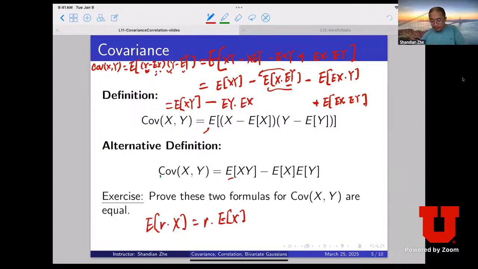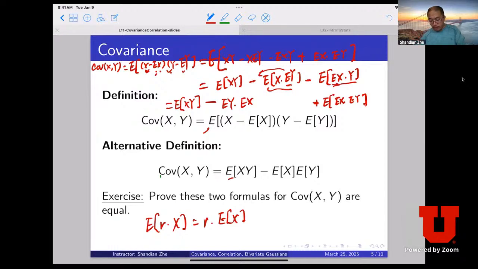Okay, let's look at the third term. What can we observe? Yes, exactly, we have a symmetric observation. E[X] is a constant as well, not a random variable, so we can take it out.